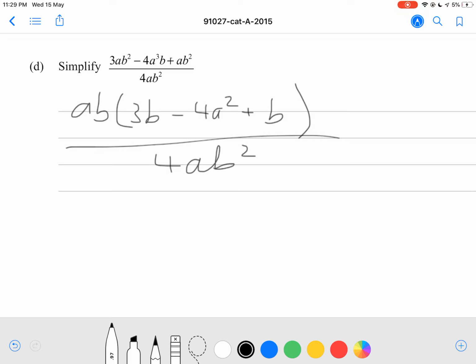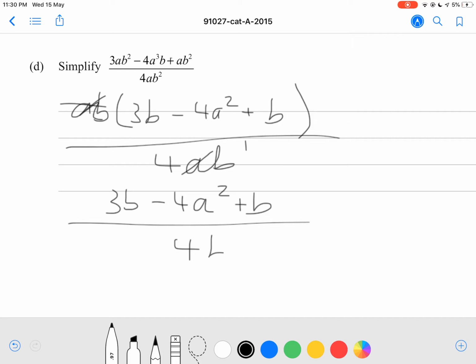So you're going to divide by ab: on the top this ab is going to go away, and this a is gone, and this b gets knocked down to b to the power of 1. So that basically becomes 3b minus 4a squared plus b, divided by 4b. This should get you the merit grade here. And just setting up the equation right here, getting the numerator correct, should get you an achieved.